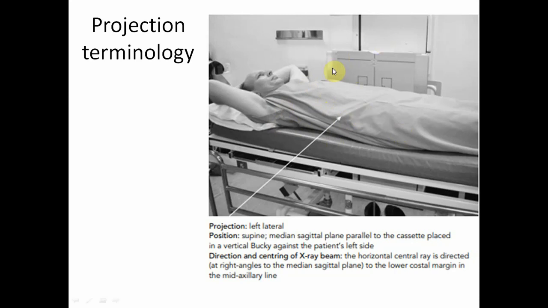Here the cassette is kept on one side of the patient. You can see the vertical bucky is kept on the left side of the patient, and the X-rays pass through the right side and emerge through the left side of the patient's body. When the image comes, we get the left lateral view of the chest.